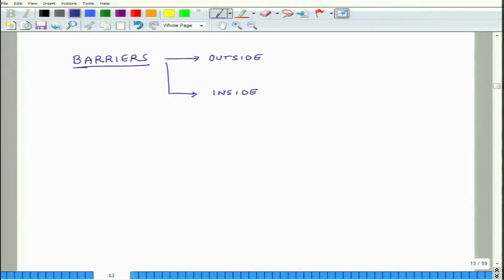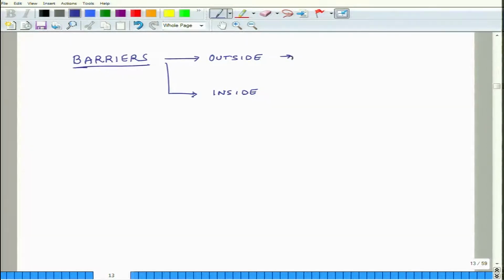So, here the job of the barrier is to reduce direct sound which is coming from the source. But when you have a barrier on the inside, the barrier does two things. Its job is not only to stop the direct sound which is coming, but it is also there to somehow reduce the reflected sound which comes to the point of listening.